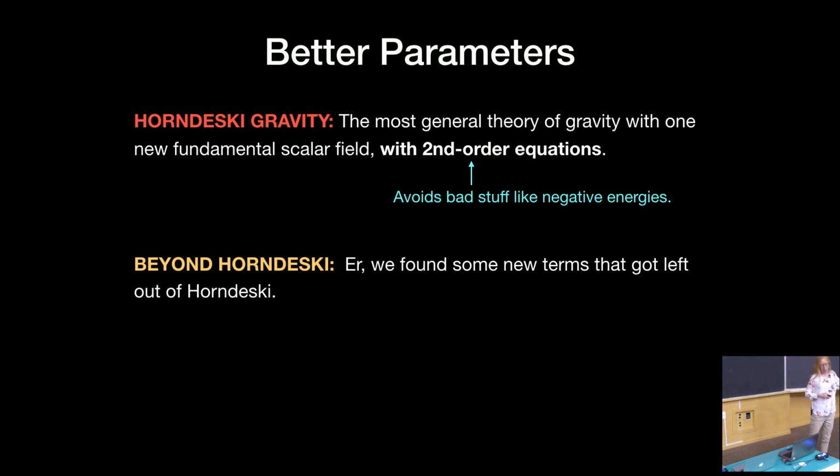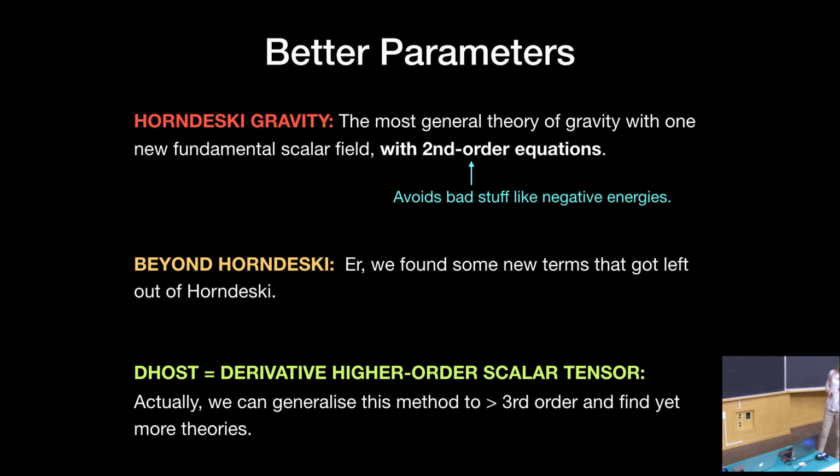Unfortunately, this method was then further generalized to find yet more terms, and this gave birth to an even more complicated theory called DHOST, which stands for Degenerate Higher Order Scalar Tensor theory. The good news is you don't have to worry about DHOST. DHOST is mainly a plaything for theorists.